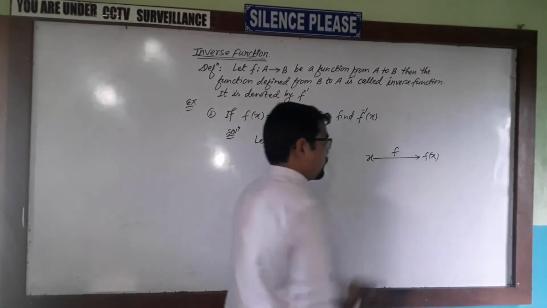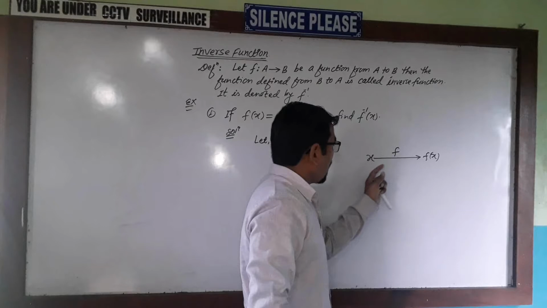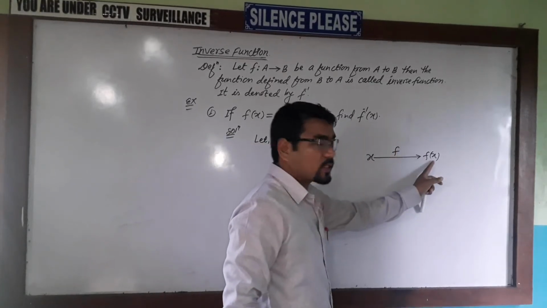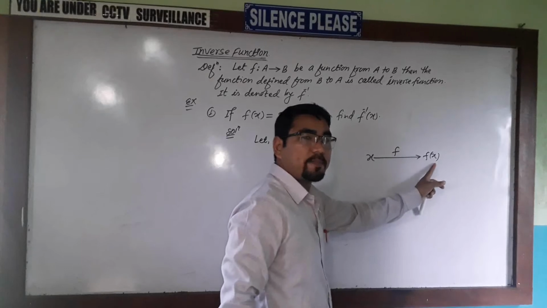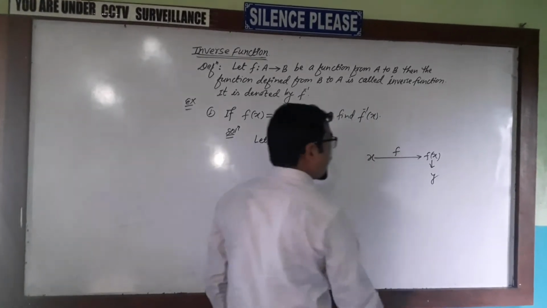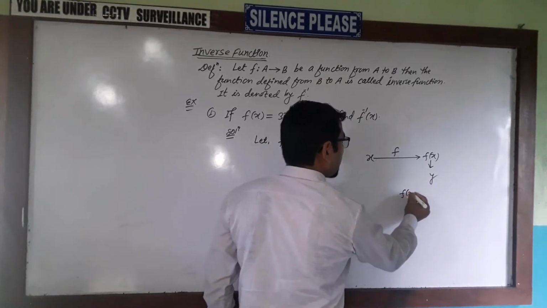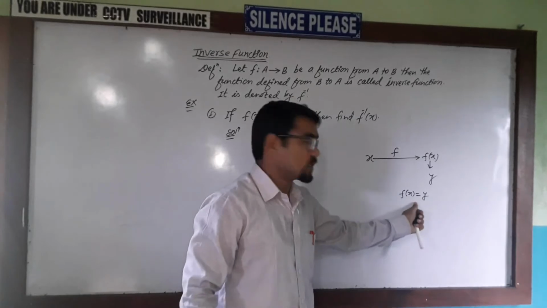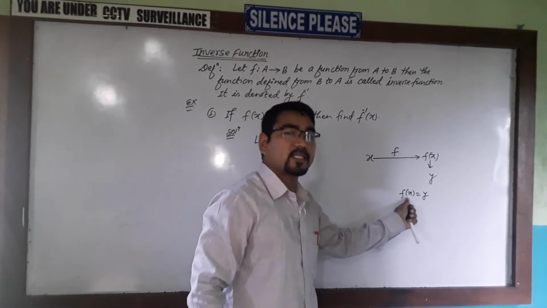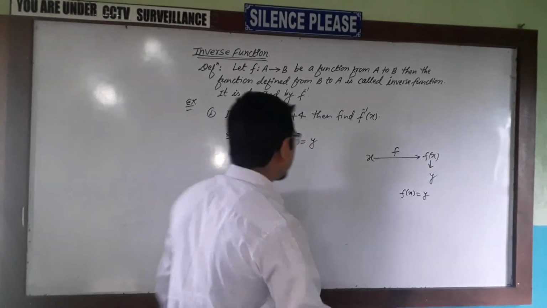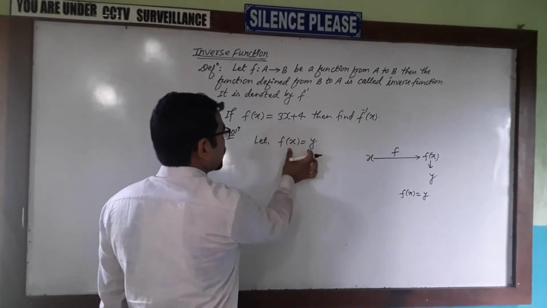This is the output value, and this output value can be supposed y. So we can write f of x is equal to y. Otherwise, y is a function of x, like this y is equal to f(x). This function we have to suppose y.